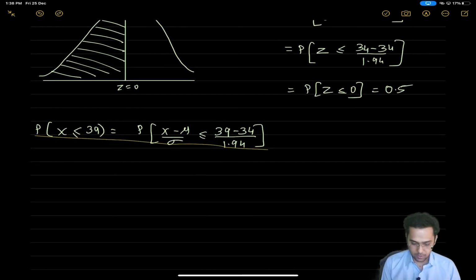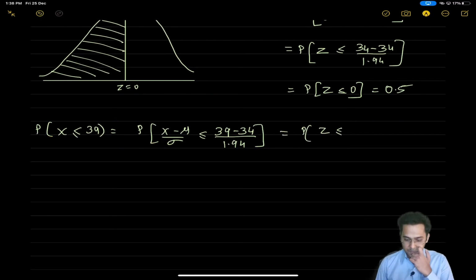We want to calculate this, wherein this is the probability of z less than or equal to 39 minus 34 divided by 1.94.